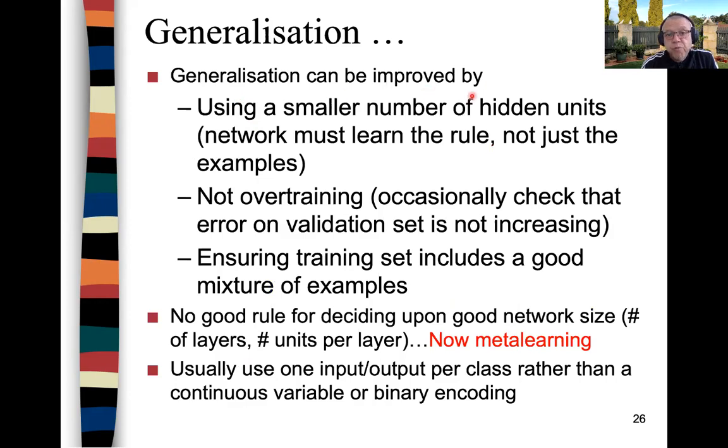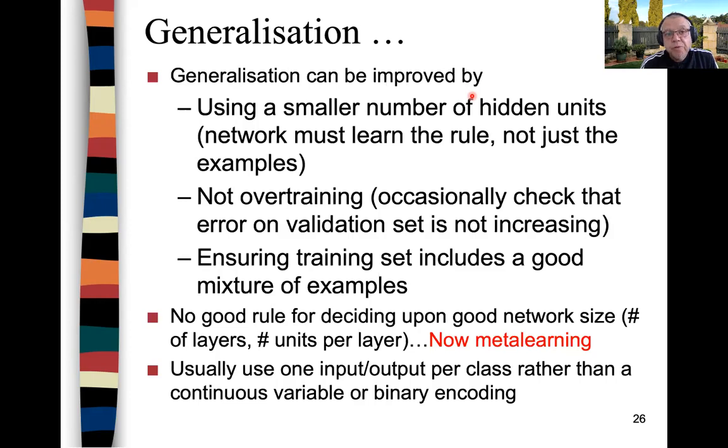Generalization can be improved by using a smaller number of hidden units. Must learn the rule, not just the examples, meaning that you use a shallow network. You should not overtrain, meaning that you don't want to overtrain to the point where the system just memorizes all the patterns.